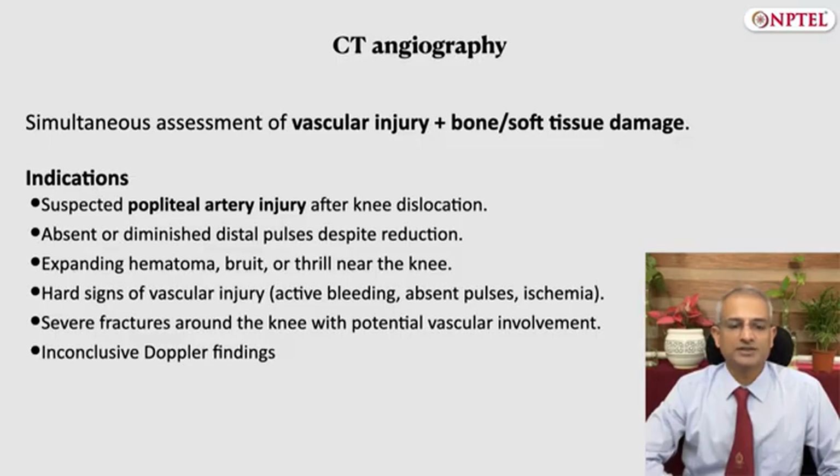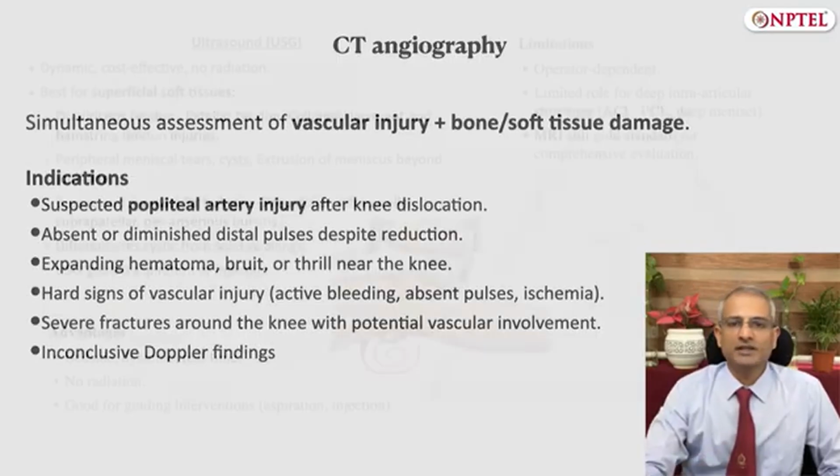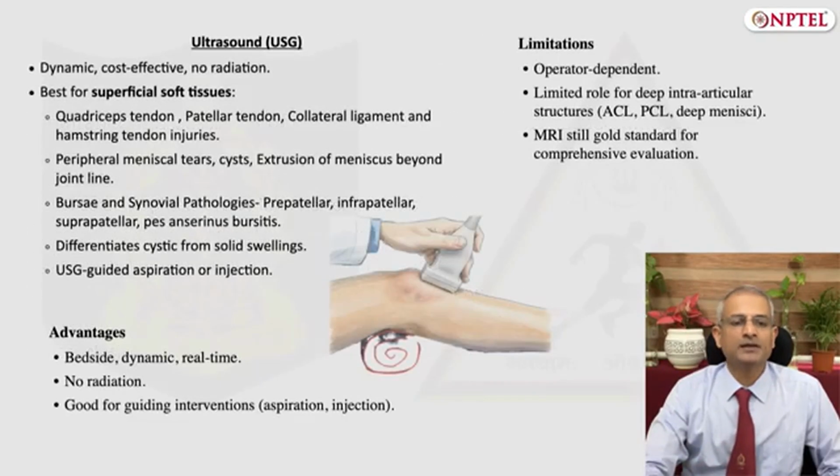The next very important investigation that can be done and is becoming popular nowadays is the musculoskeletal ultrasound. This is widely available, portable, cheap, cost-effective, and dynamic imaging, and does not risk radiation exposure to the patients. This is useful for superficial soft tissue evaluations, like in cases of hamstring or quadriceps or patellar tendon injuries.